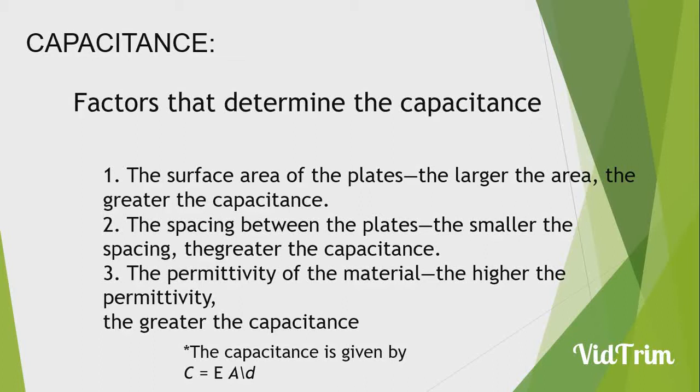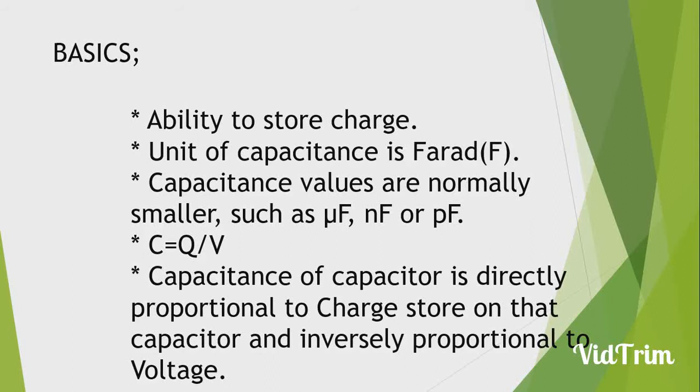Now the capacitance is given by C equal to epsilon naught A by d, which is shown on screen. And then the basics of capacitor are the ability to store charge, and the unit of capacitance is farad.